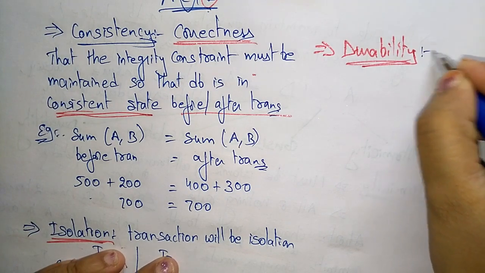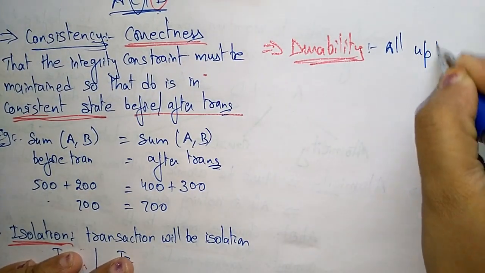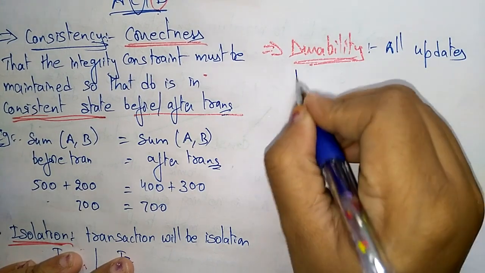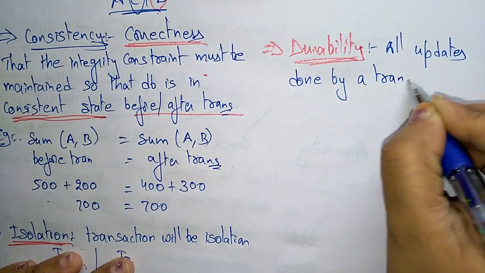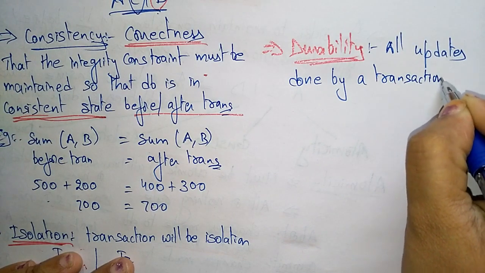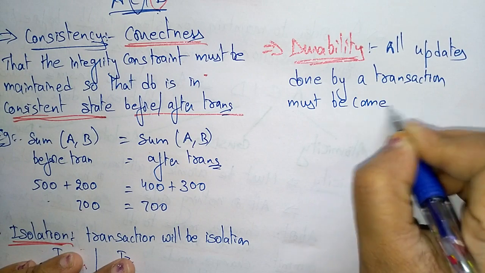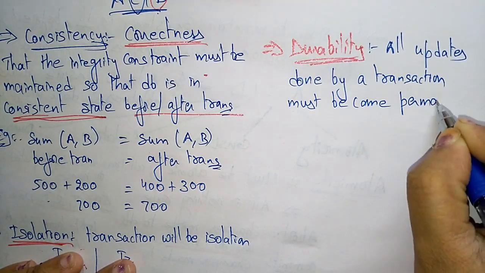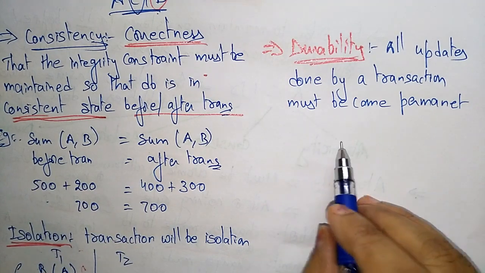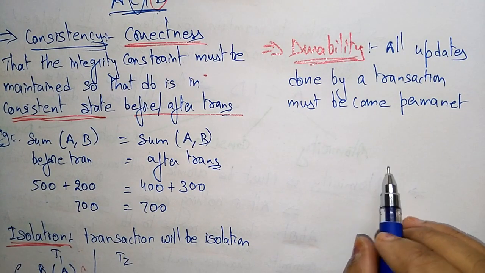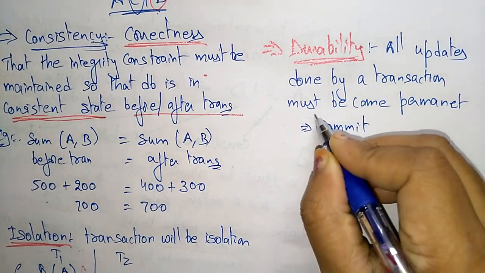Durability means all updates done by a transaction must become permanent. Whatever updates are done by the transaction must become permanent, which uses the commit statement.